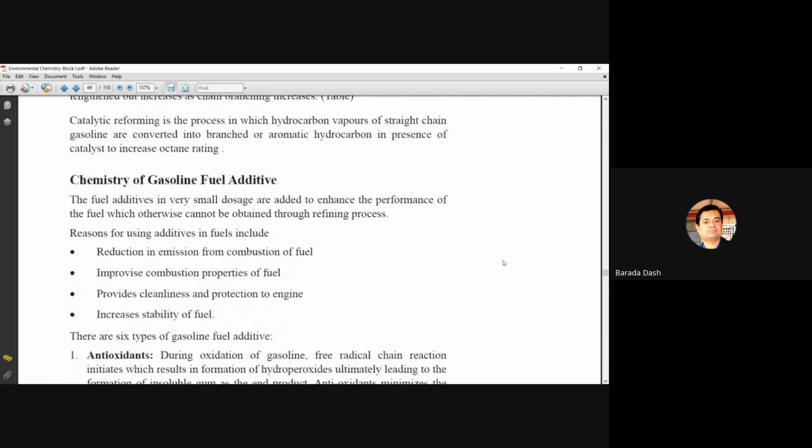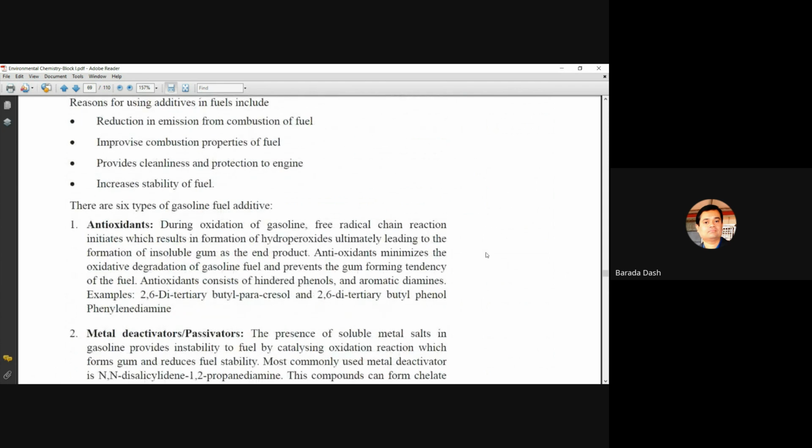Chemistry of gasoline fuel additives. The fuel additives, in very small doses, are added to enhance the performance of the fuel, which otherwise cannot be obtained through the refining process. Reasons for using additives in fuel include reduction in emissions from combustion of fuel, improving combustion properties of fuel, providing cleanliness and protection to the engine, and increasing stability of fuel.